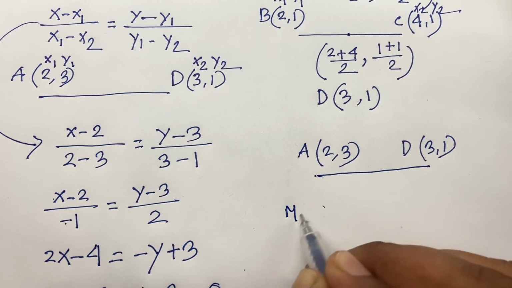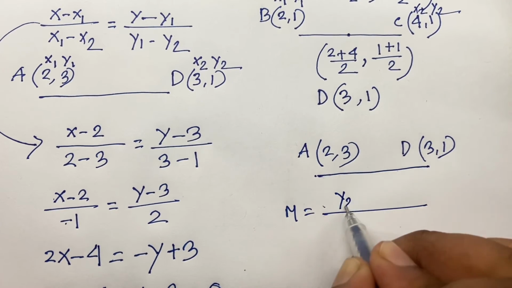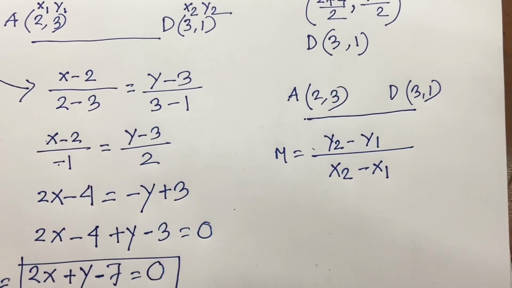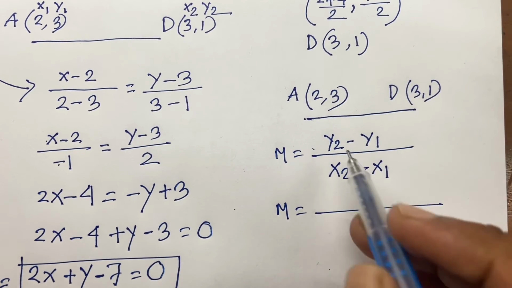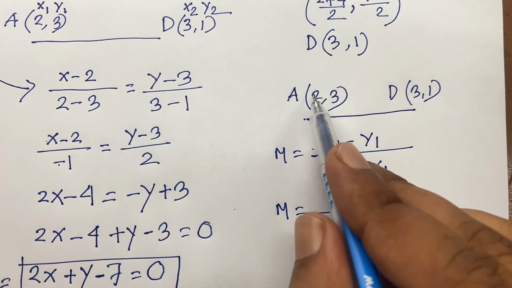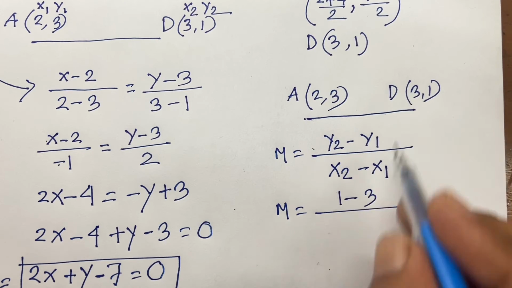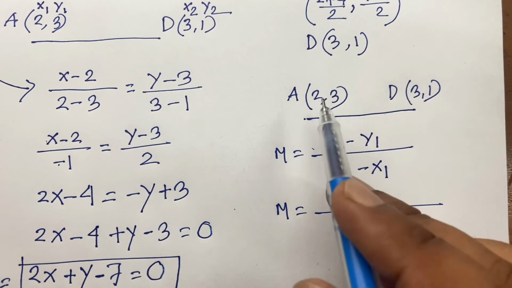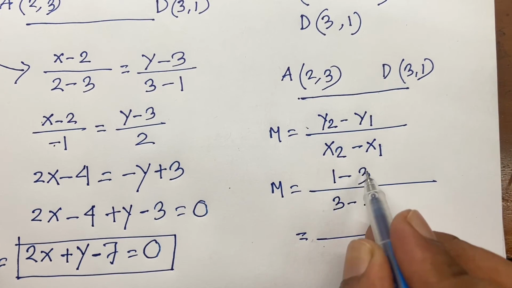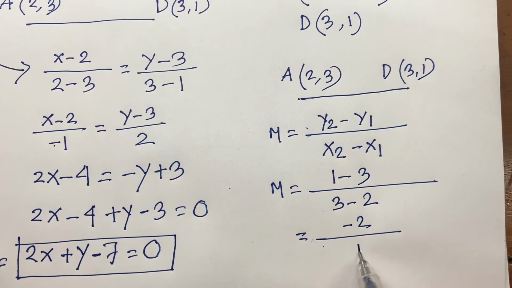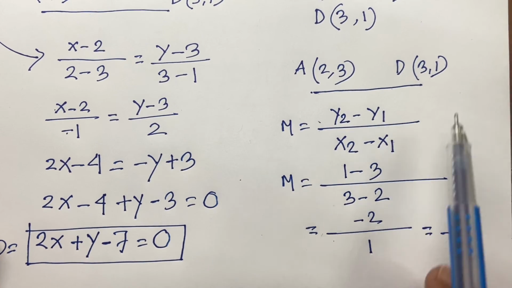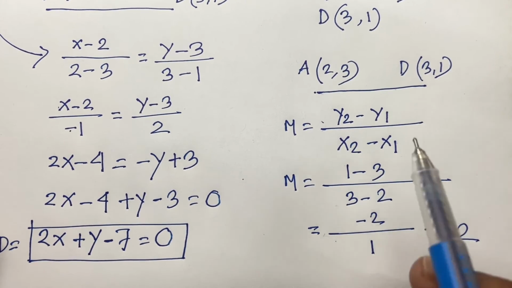So we know that this formula is (y2 minus y1) over (x2 minus x1). Now here m is equal to, y2 minus y1, so y2 is 1 and y1 is 3, over x2 is 3 minus x1 is 2. So here 1 minus 3 is equal to minus 2 over 1, so I can say this is minus 2. This is the slope of this equation, sorry, of this straight line.